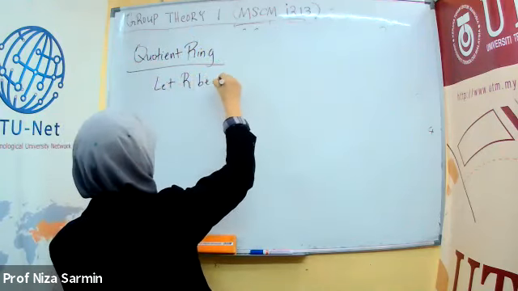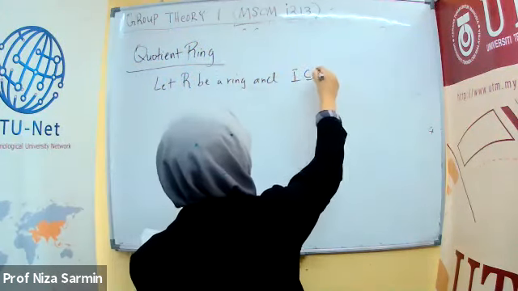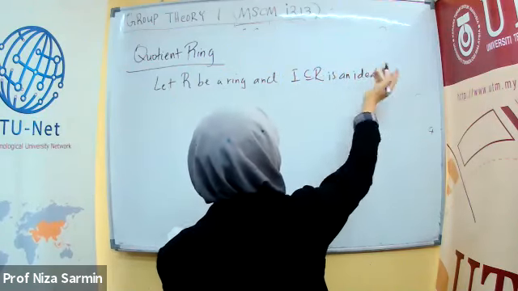Let R be a ring and I an ideal, left and right.